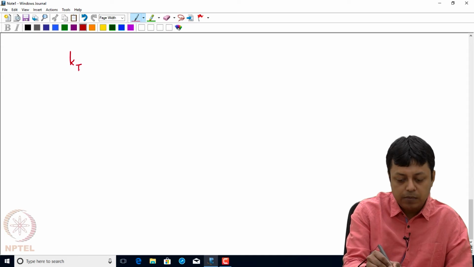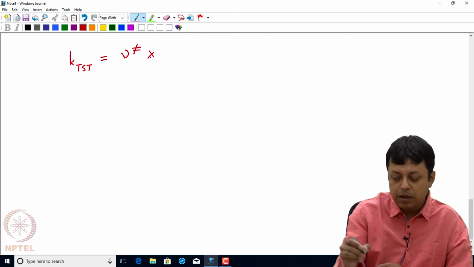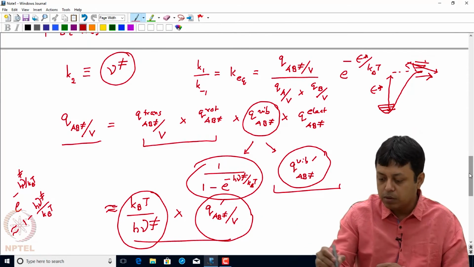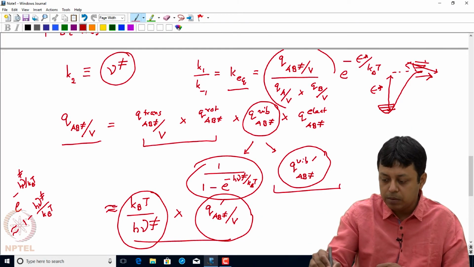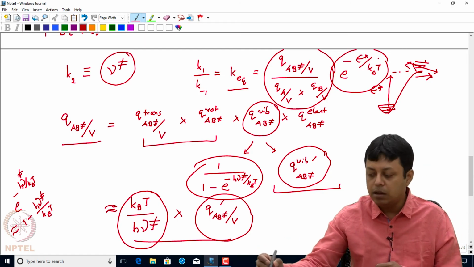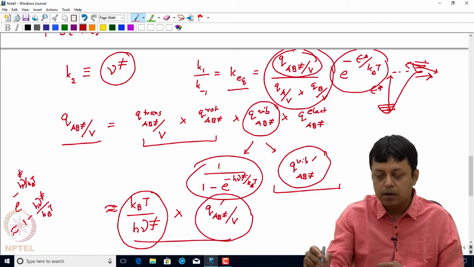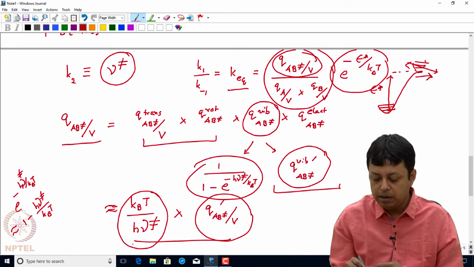So what we get from transition state theory is that k2 is nothing but nu dagger, times k1 by k minus 1, which was connected to the equilibrium constant, which in turn is connected to a combination of partition functions times the exponential part. Among these, I replaced q AB dagger by V with the expression kBT by h nu.